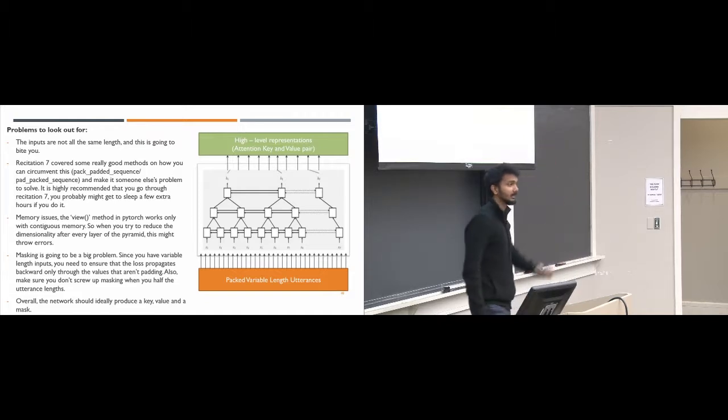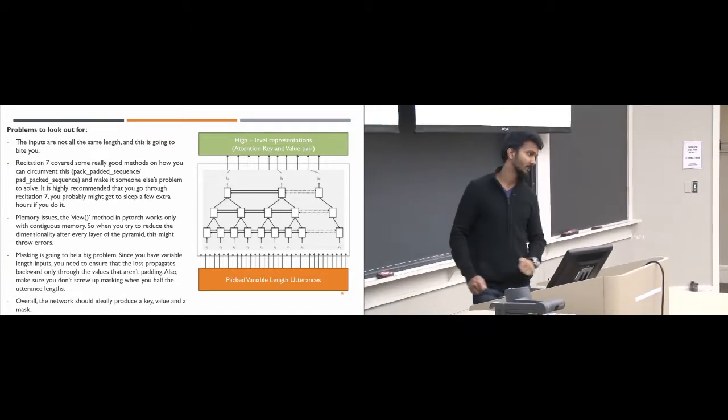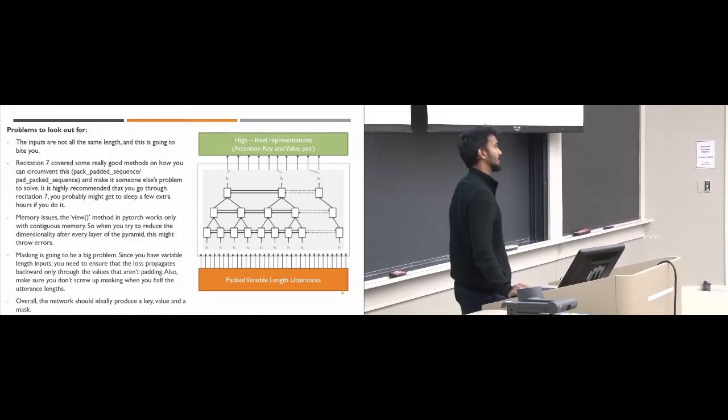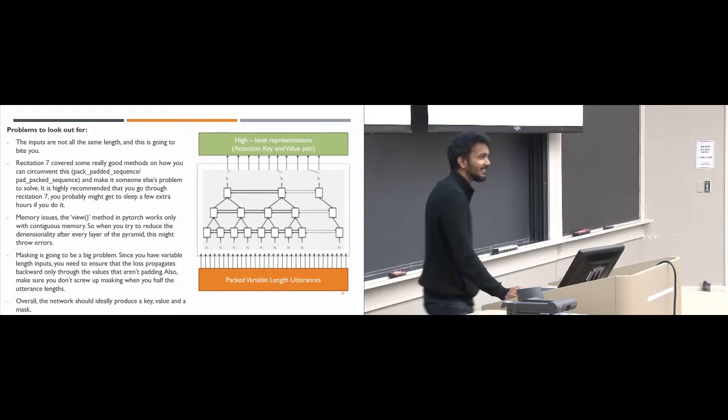So if the mask is off for one single layer, it's going to screw up your entire computation. The problem with masking is that it's not that you won't get results. You are still going to train something, but you will never reach optimal results if you have a bug in your masking. And no one will be able to debug that. You will never understand why your network is failing. So masking is a tough problem. You have to be very careful about that.